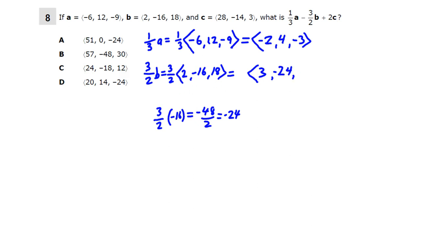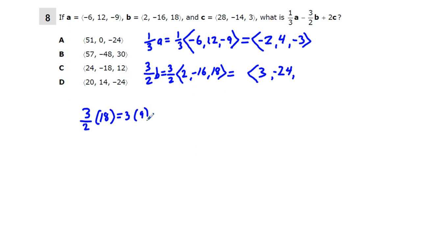Then we're going to have 3/2 of 18. So what you can do is take 18 divided by 2, or 9. So we get 3 times 9, which equals 27. So we have 27 here.